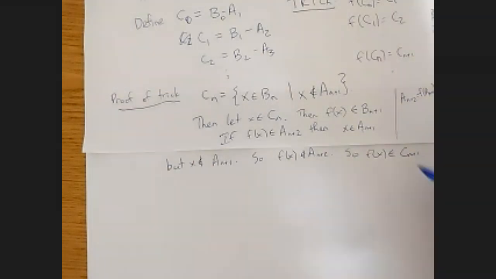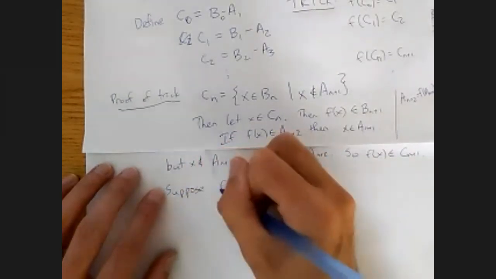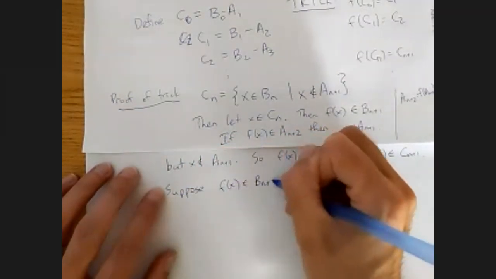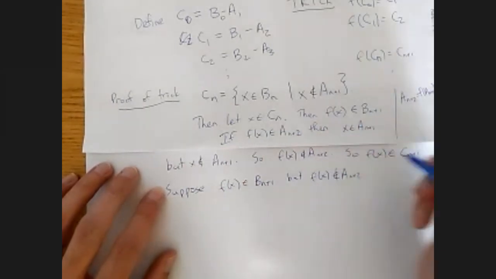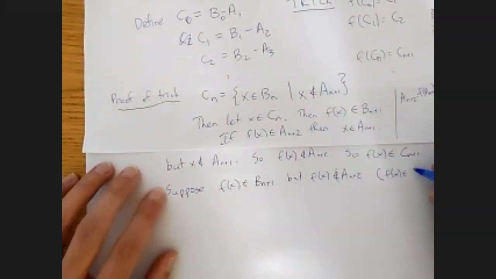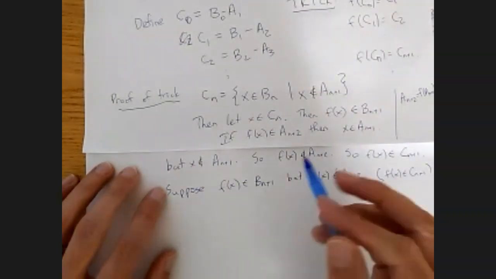And then you also have to show that, well, if f of x is in C_{n+1}, then x is in C_n. So suppose f of x is in B_{n+1}, but f of x is not in A_{n+2}, in other words, f of x is in C_{n+1}. Well, if f of x is in B_{n+1}, that just means x is in B_n.